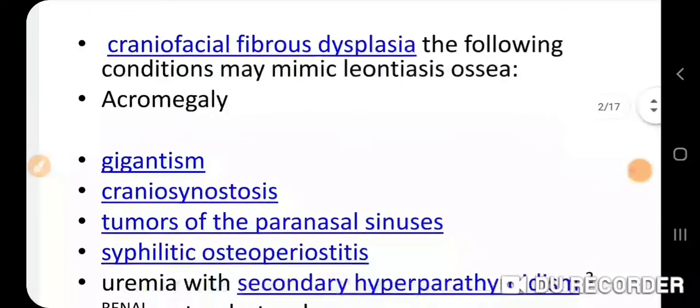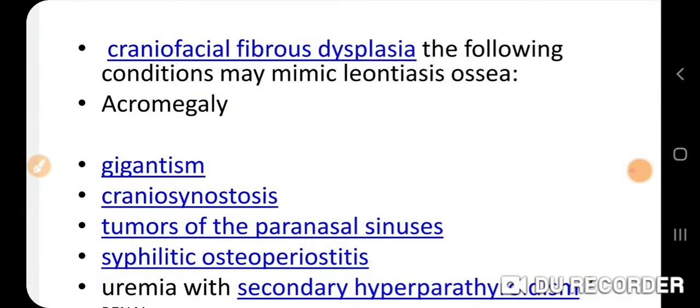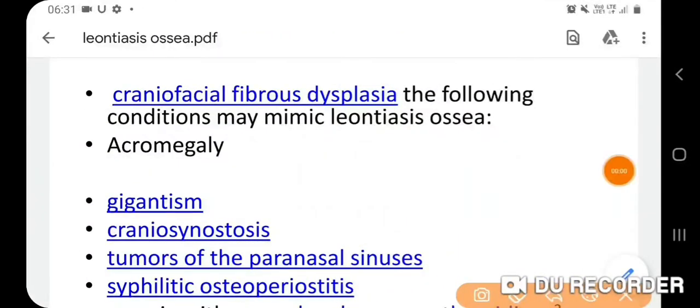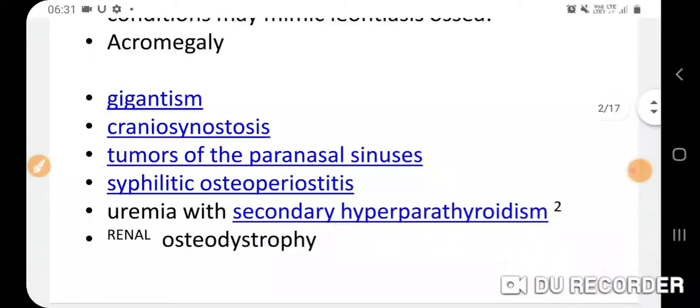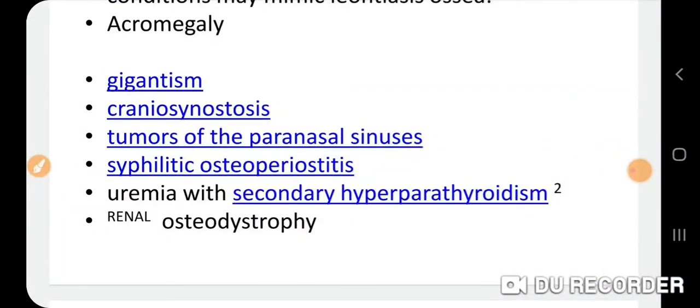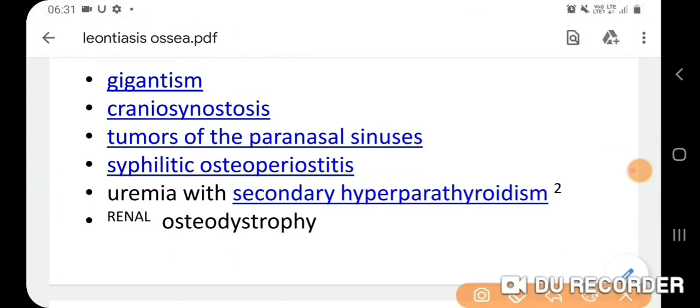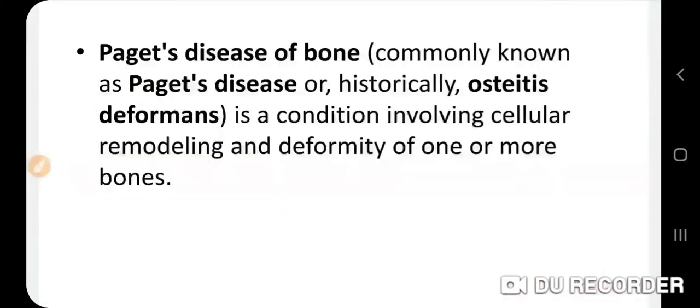These are the names: craniofacial fibrous dysplasia, gigantism, craniosynostosis, tumors of the paranasal sinuses, syphilitic osteoperiostitis, renal osteodystrophy, and uremia with secondary hyperparathyroidism. These are all the conditions where Leontiasis ossea is found and the patient's face looks like a lion.